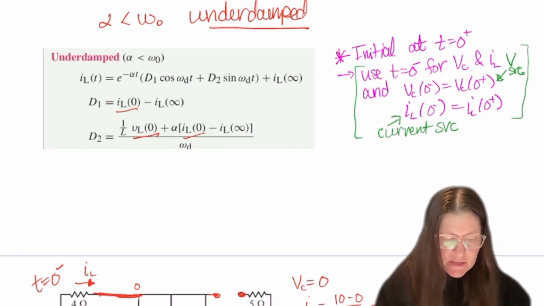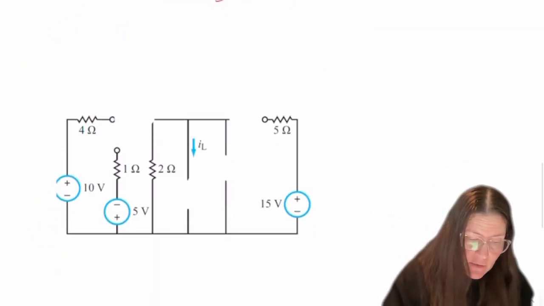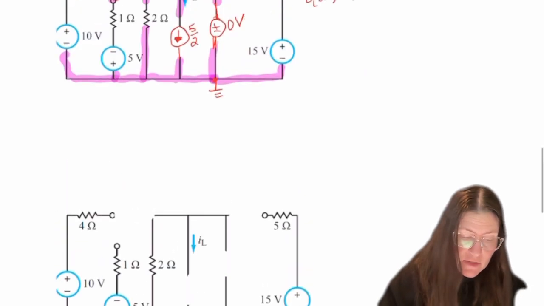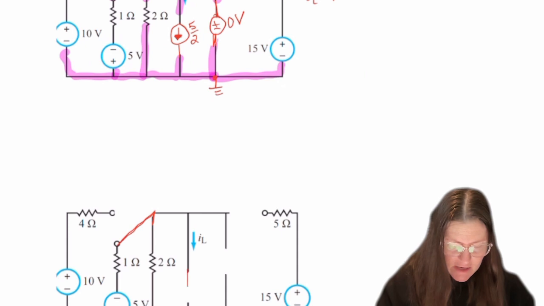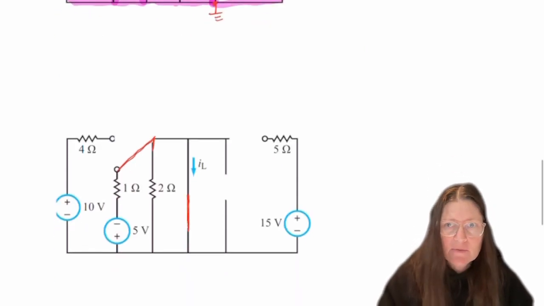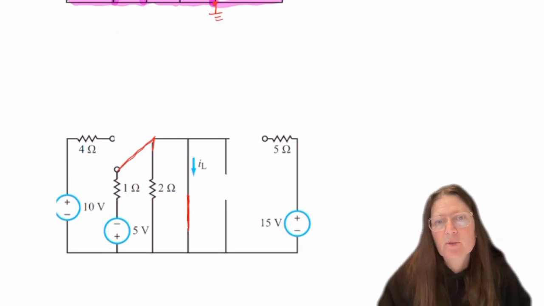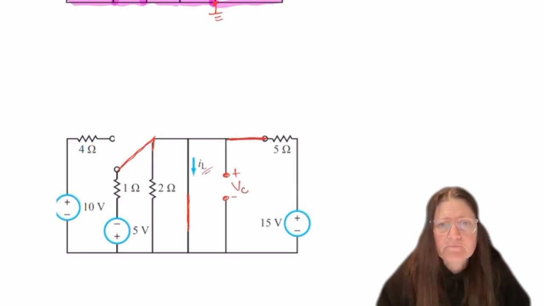And so now I need WD and IL of infinity. So at infinity, or a long time, we're going to have again a wire for the inductor, and the position of that left side switch will be in this position, and then this one will be closed, and then I have an open again for VC, and we're trying to find the current here.